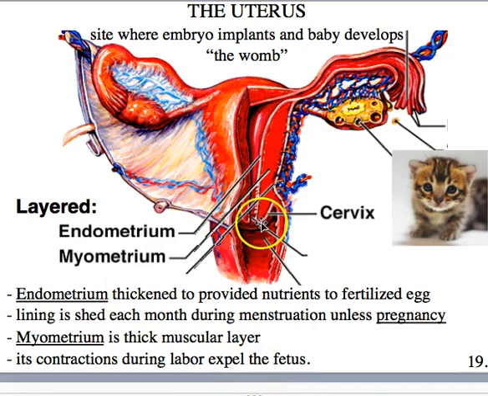But the endometrium is what gets really thick and provides so many nutrients, what's going to nourish the fetus during pregnancy. So every month your body's like, yes, pregnancy's going to happen. Oh my God. Oh wait, no, it didn't happen. Oh, well then we're going to shed this instead and get rid of it. And that's what menstruation is.